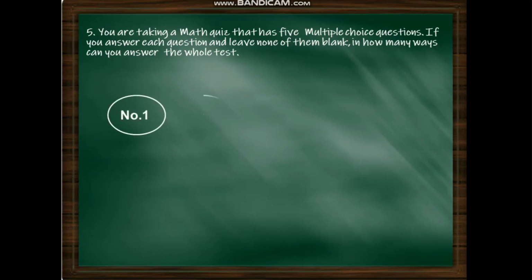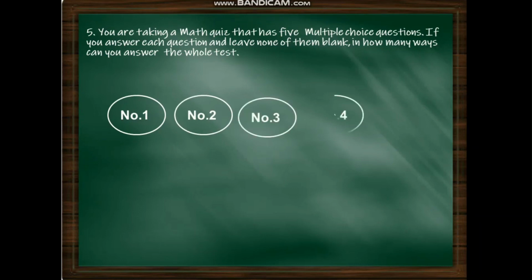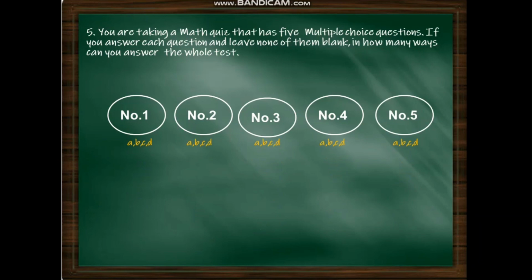Kunyari, ito yung question number 1. We have question number 2. We have the question number 3. We have the question number 4. And question number 5. Ano po ba yung choices ng question number 1 to question number 5? Di po ba, we have the choices are A, B, C, and D. Sa bawat isang number, sa bawat isang problem, meron kang 4 na possible choices na pagpipilian.